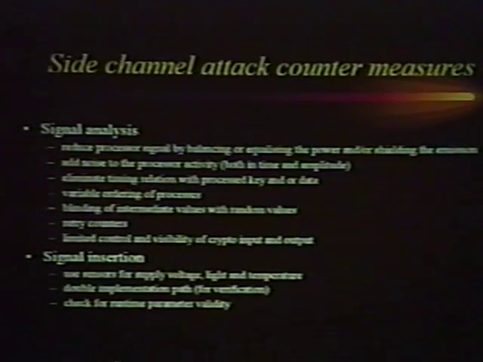A drawback here of these sensors is that it will make a chip less reliable, because if the chip is used under conditions where the power supply is just changing because of a bad battery in the relay, it should not act strangely. We can try to do a double implementation path, which means that we are going to do everything twice and compare it to see whether something went wrong.